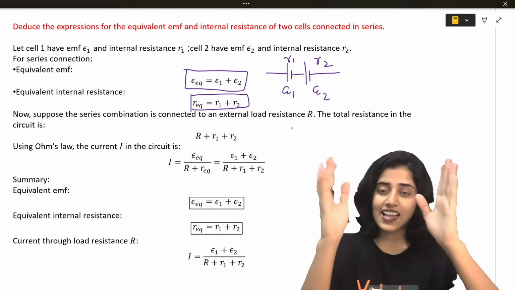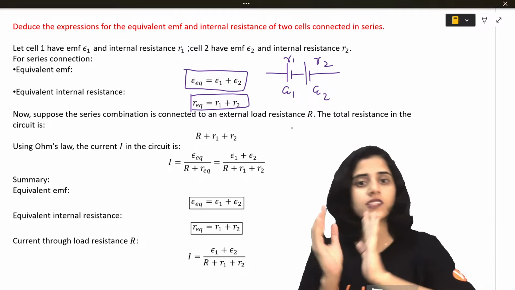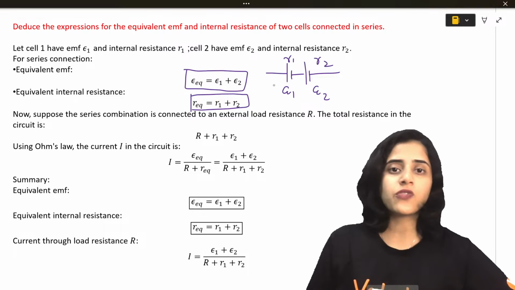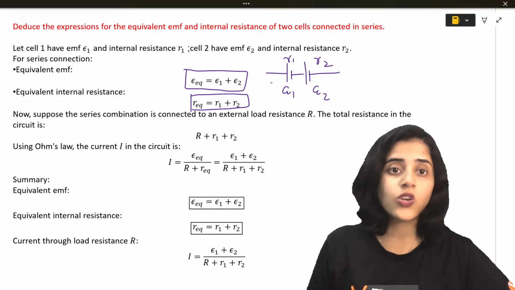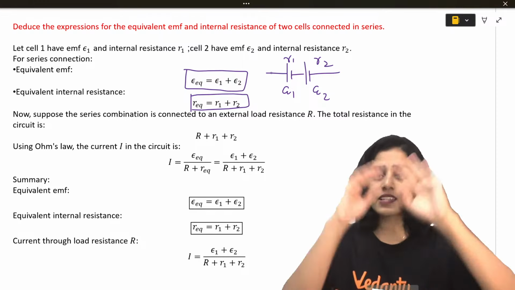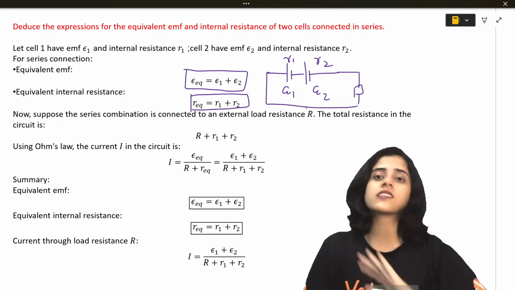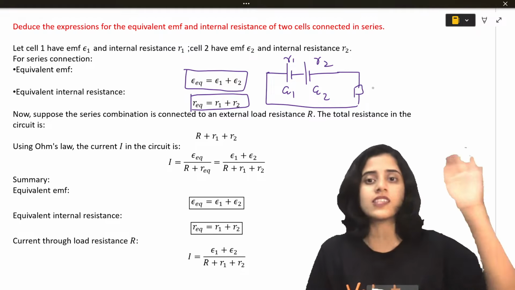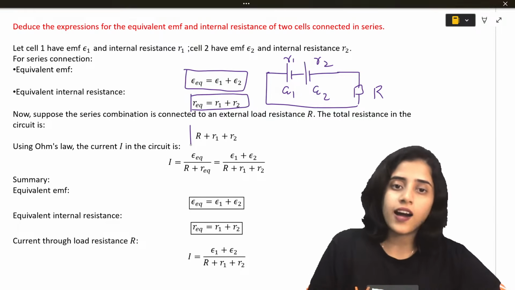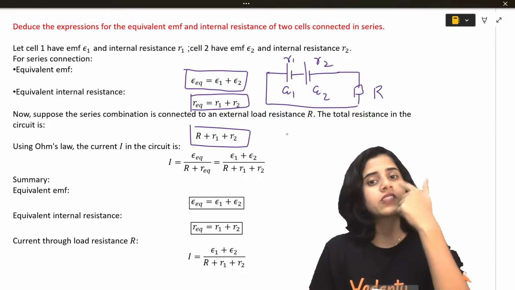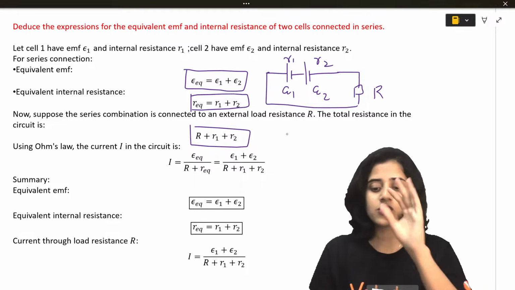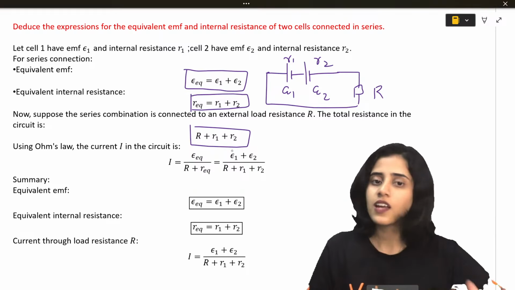Now, if this is connected to a load, another resistor, the total resistance of the circuit, since this is all in series, will be R plus R1 plus R2.